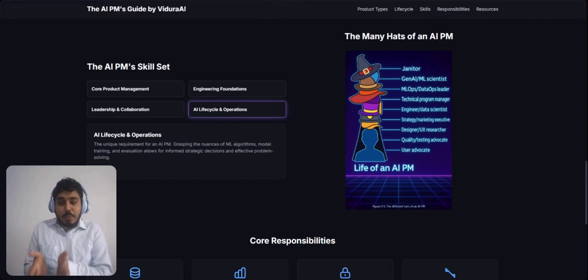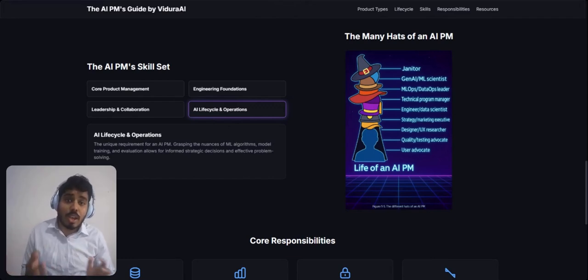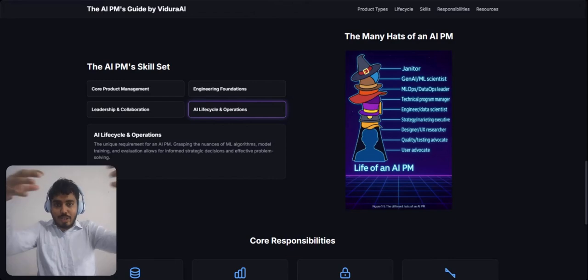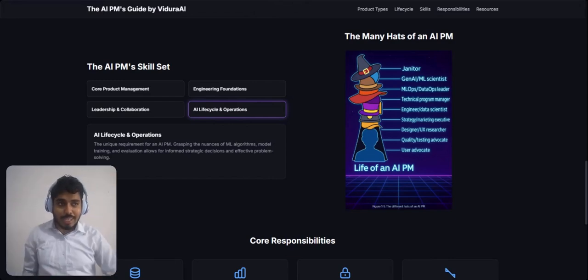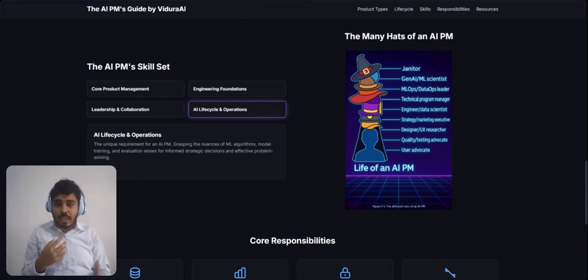That means you have to play a role depending on the situation. That doesn't mean you have to know everything. It's about logic: every role depends on you, and you can also mentor and tutor what you know as an AI PM to those responsible functions. So in a way, all the hats are actually on top of you. That's the meaning of it.